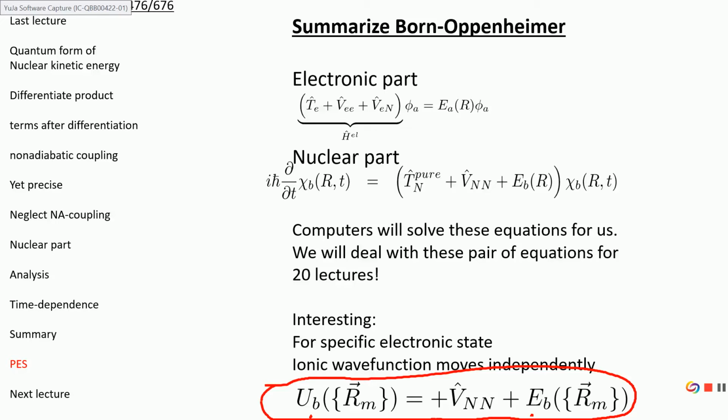Look at this. Even if it is not labeled, you may recognize and call it. So it's nuclear repulsion plus contribution to energy from electronic terms, which we just mentioned like 10 minutes ago. Potential energy surface, right? Why surface?